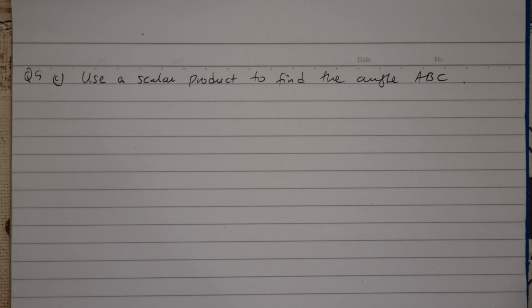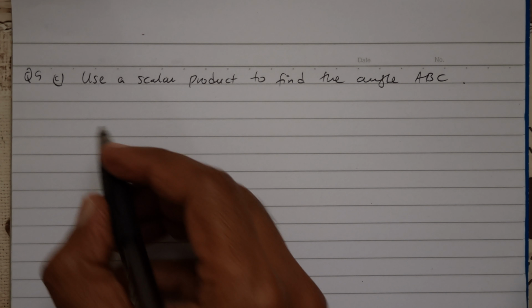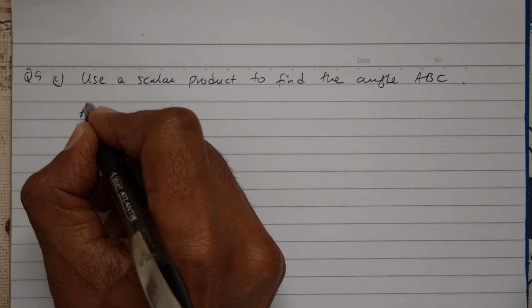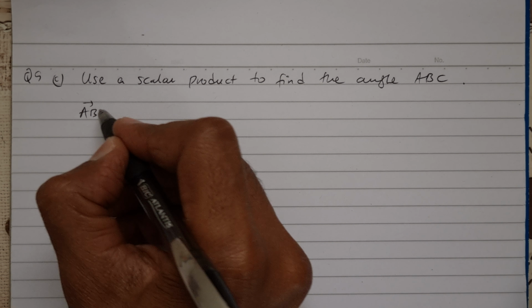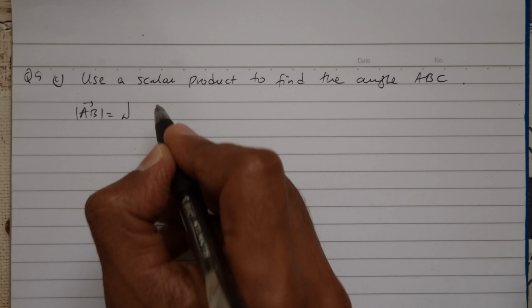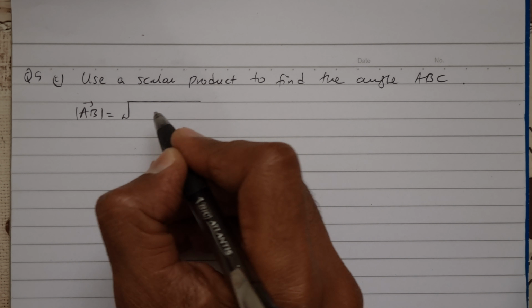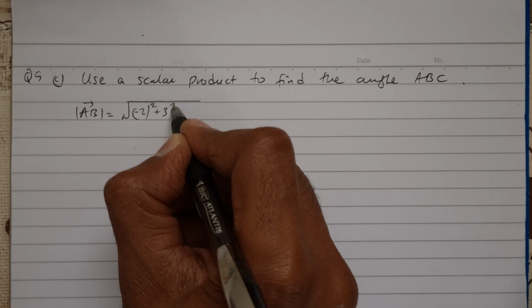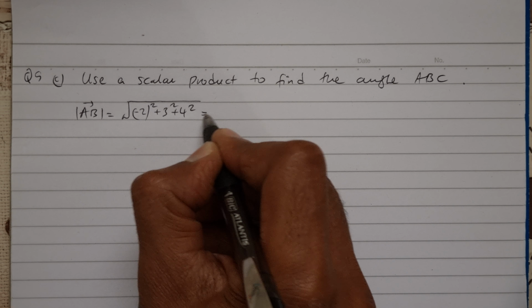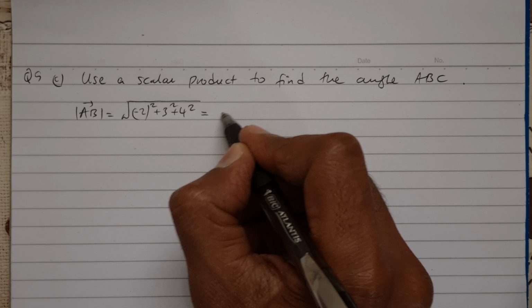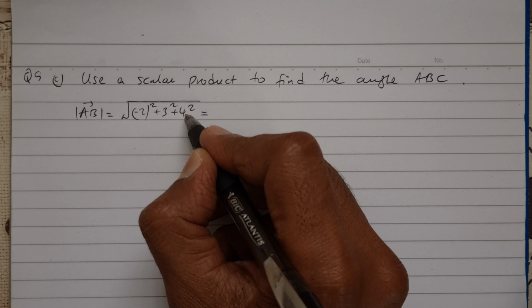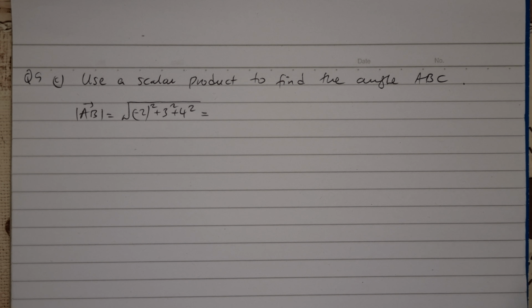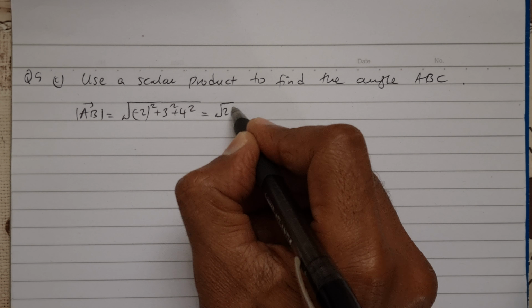Now we need to use a scalar product to find the angle ABC. First of all, I'm going to find the modulus of AB, and because the vector AB was found to be (-2, 3, 4), we use the formula and get 4, 9, 16, which comes to square root of 29.